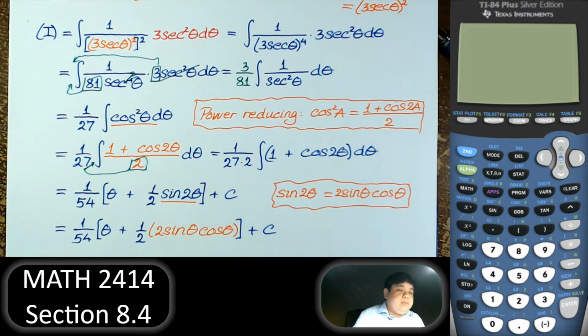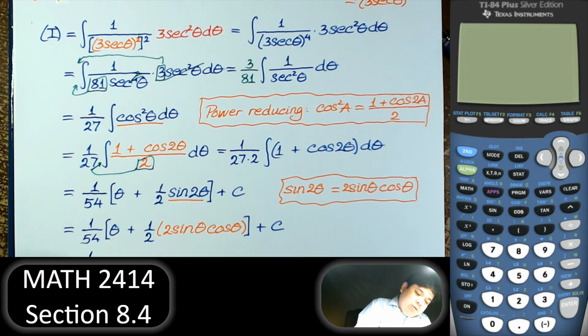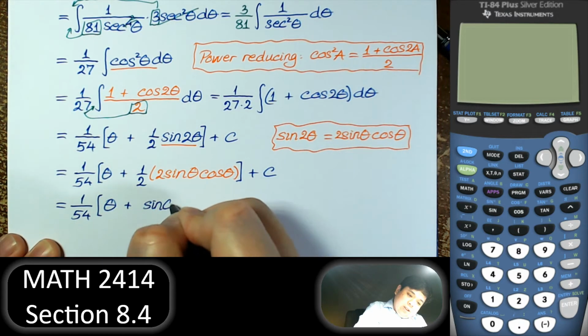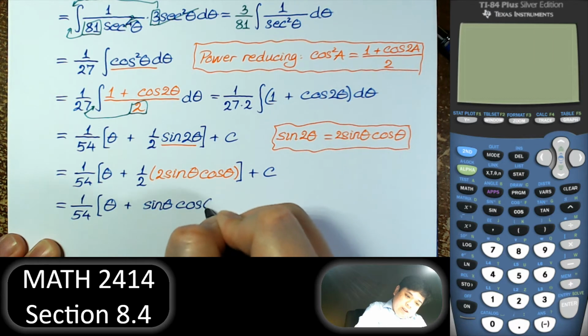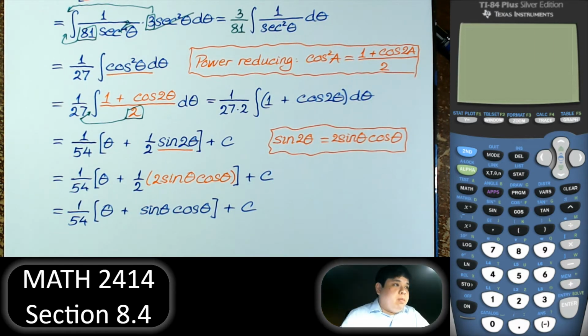Let's see, 2 and 2 cancel out, so we have 1 over 54 theta plus sine theta cosine theta. Let me zoom back out so we can see the whole problem.